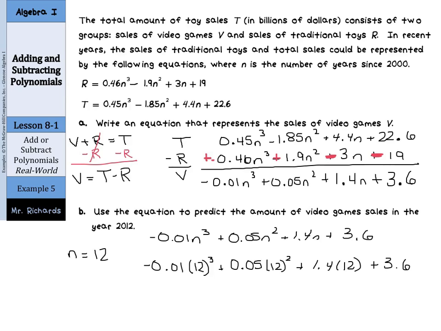Now, as you go through this, make sure you do the exponents first. So 12 to the third power is 1,728 times the negative 1/100th is going to be negative 17 28 hundredths.